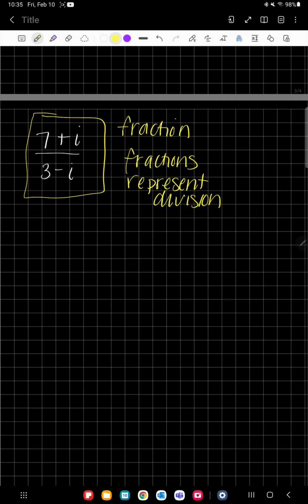We're dealing with fractions. Okay, another thing is just like with radicals, we can't have imaginary numbers in our denominators. So if you remember, and if not, we'll go back and we'll talk about this. Let me see if I can write this down. We're going to use a conjugate. Conjugate means opposite.